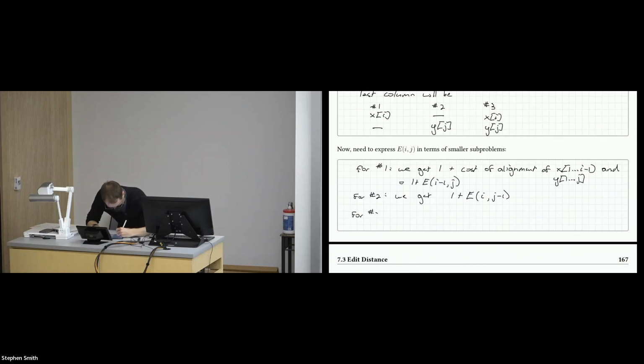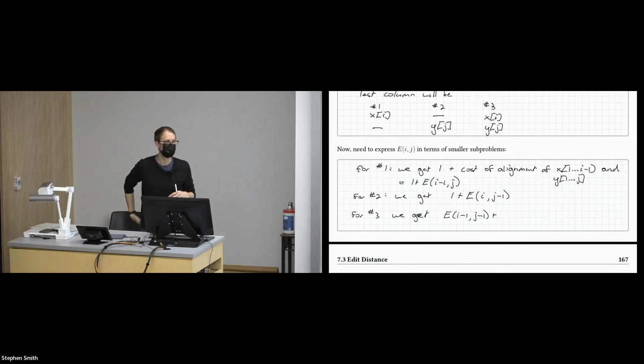And for 3, we get the alignment of the remaining part of the two words, plus either a 1 or a 0.